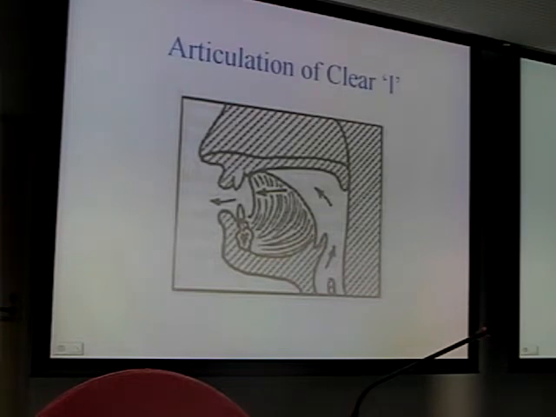So you have to touch the alveolar ridge, and then don't lower the tip of the tongue, and then breathe in the other way. Breathe in when you pronounce this sound.